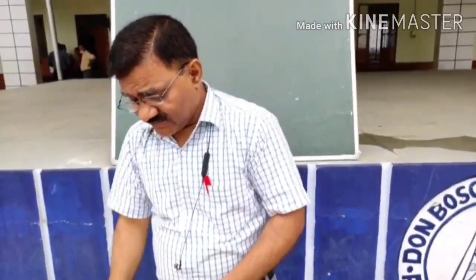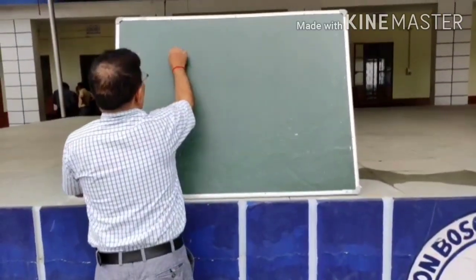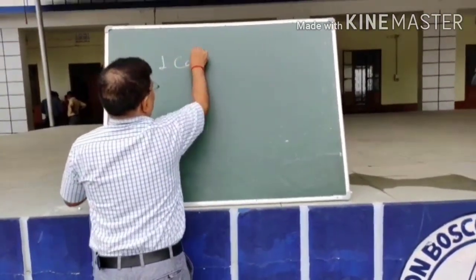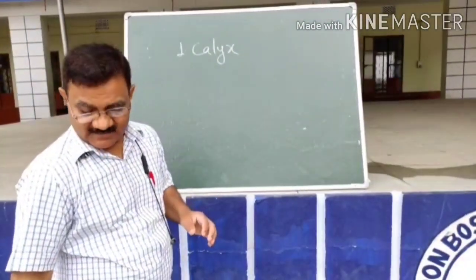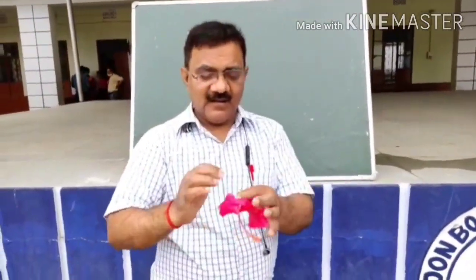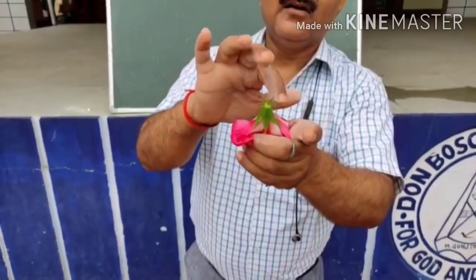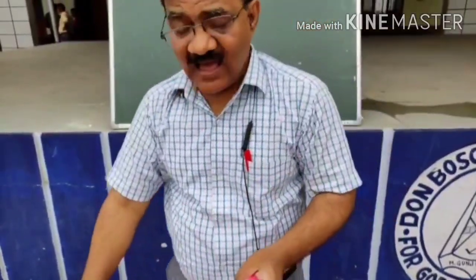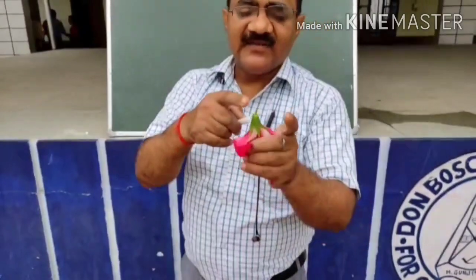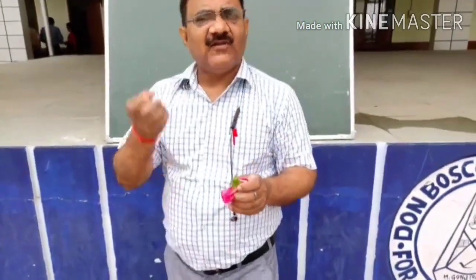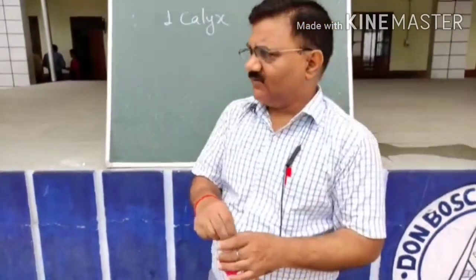Dear children, that day we discussed that the first whorl is the calyx, and calyx is green in color. See this part, this part is green in color. So this is the calyx. What is the function of this green part? I have told, since it is green, it will do the work of photosynthesis and provide nutrition to this flower.